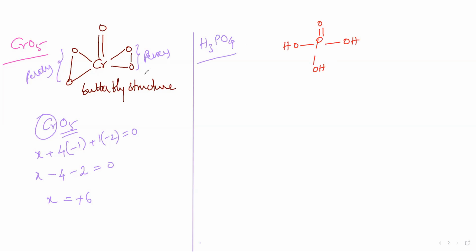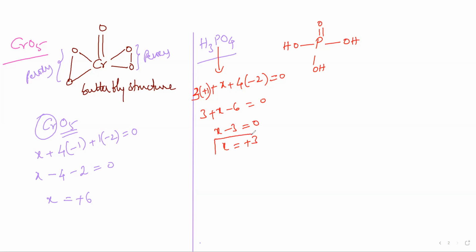So all 4 oxygens are present in -2 oxidation state. So phosphorus as usual X, 4 oxygens -2, plus 3 hydrogens is equal to 0. 3 plus X minus 8 equal to 0. X minus 5 is equal to 0. X equal to +5. So here it is +5.